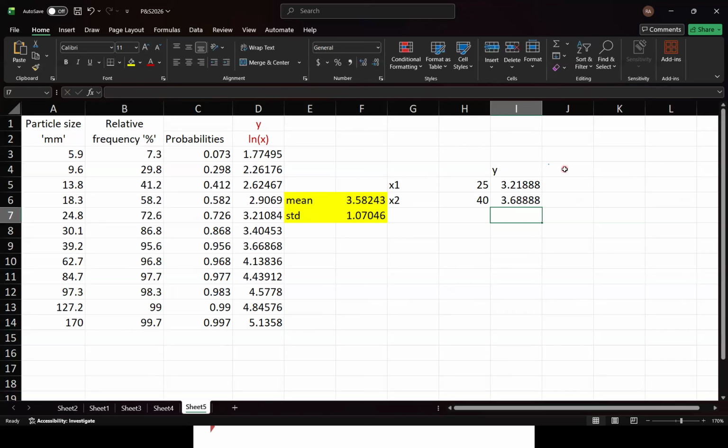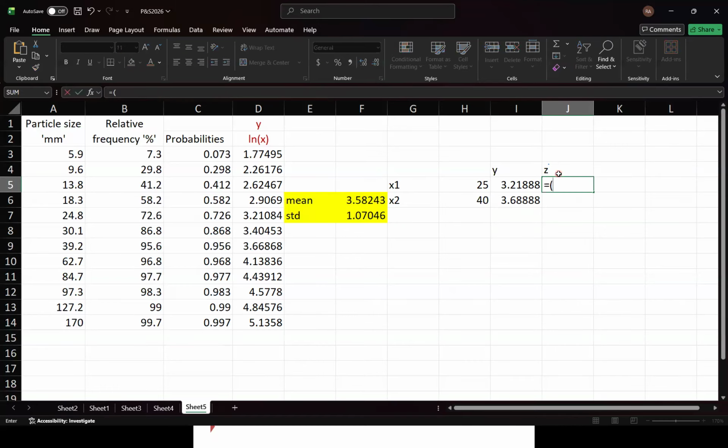In order to calculate the probabilities from the normal distribution, I will generate the corresponding z values. So z value will be the y value minus the mean value of y, divided by the standard deviation.